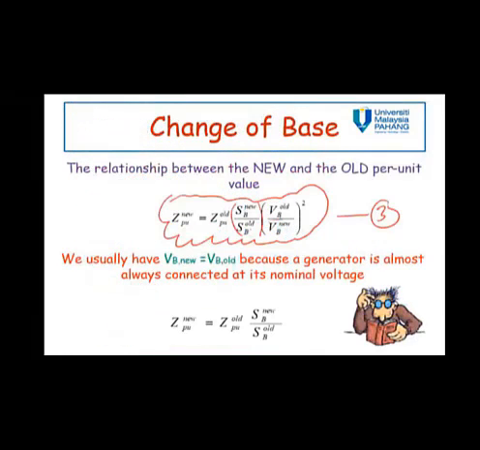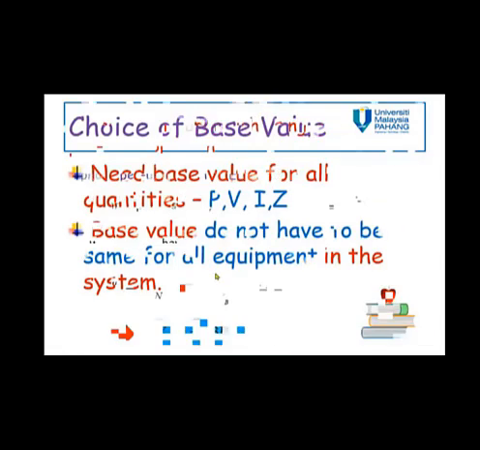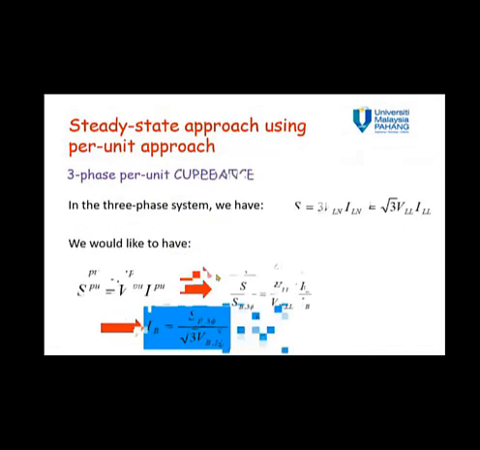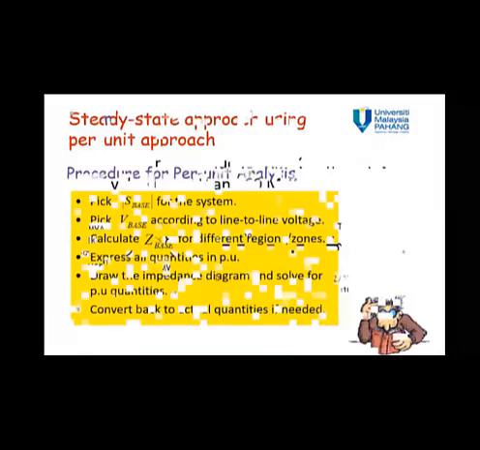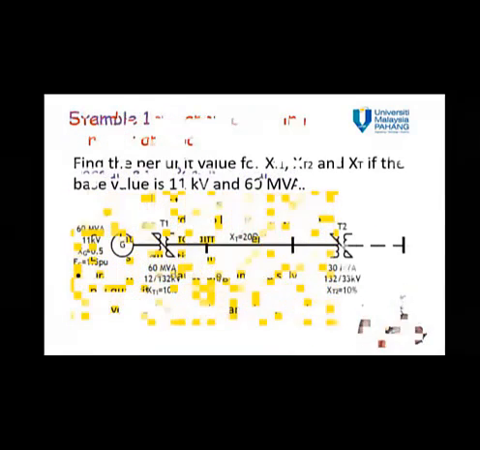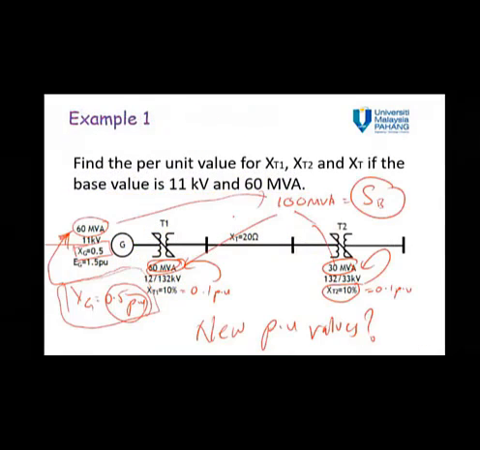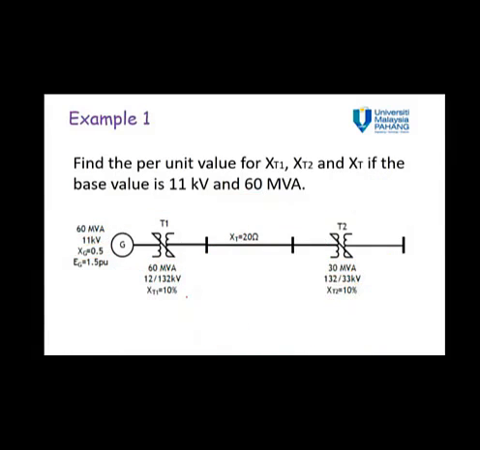For example, we go back to example one. Now we have Xg per unit, but this is the old value, so we have to calculate Xg per unit new.